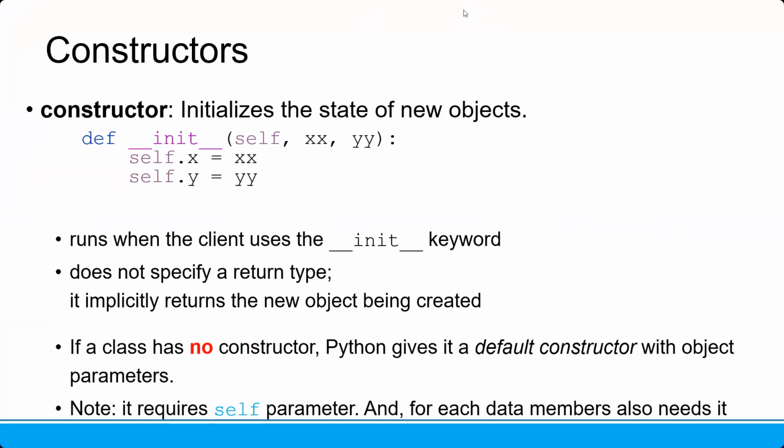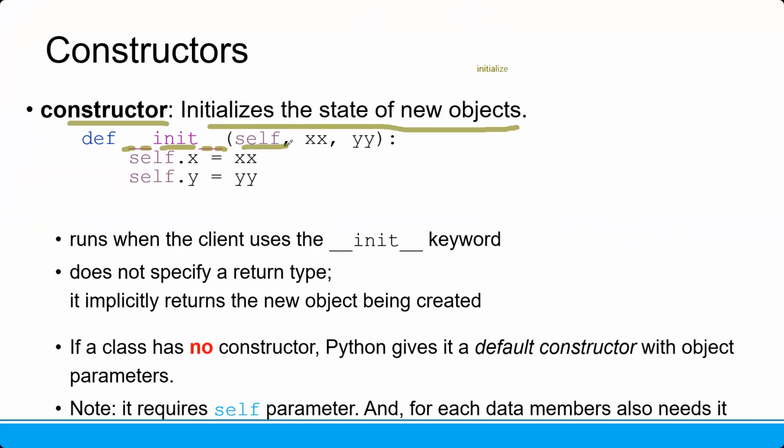So we learned that this kind of constructor is to initialize the state of new objects. So we use the underbar and the word init. Init means initialize. We want to initialize, we want to initiate, and we have another underbar.